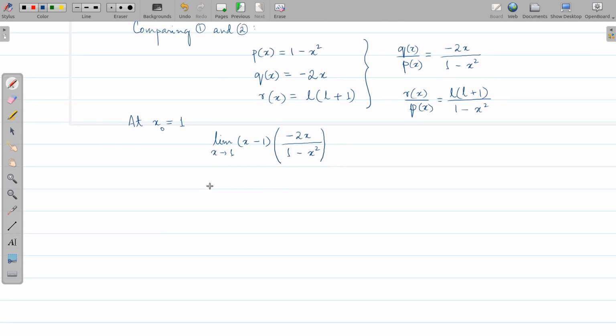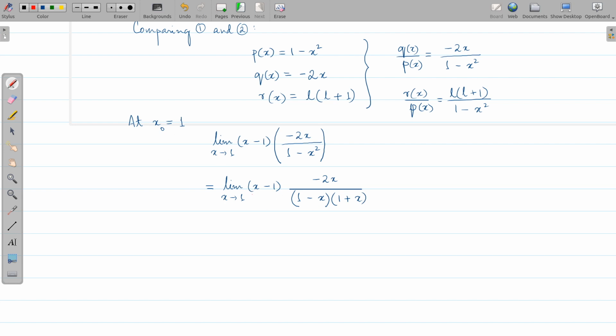The denominator, 1 minus x square, I can write as 1 plus x times 1 minus x. So we have 1 minus x and 1 plus x.